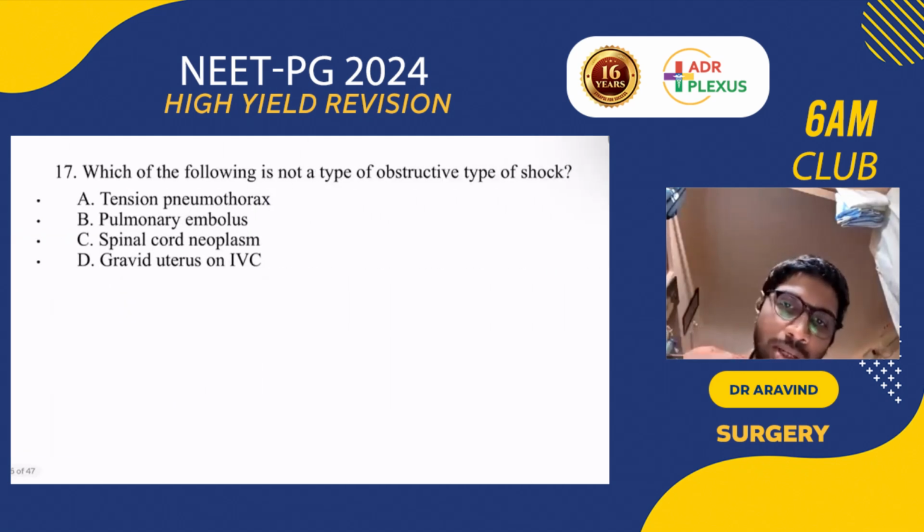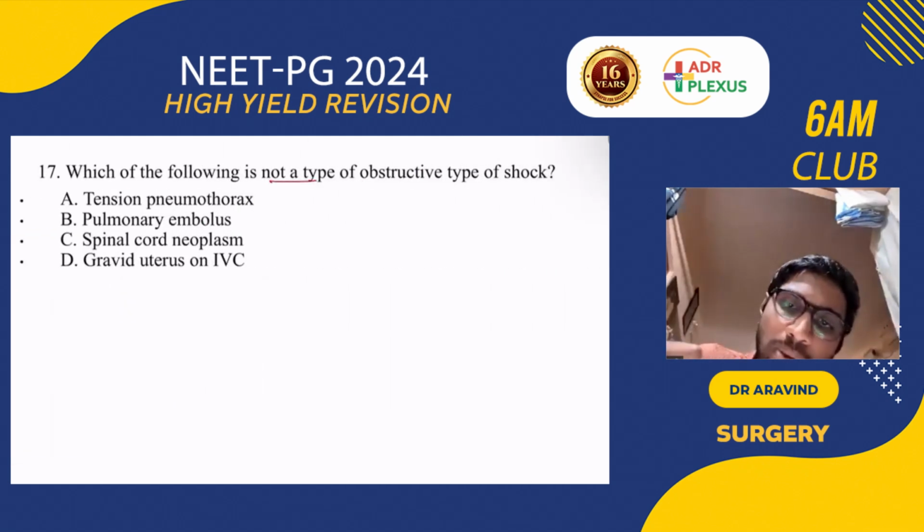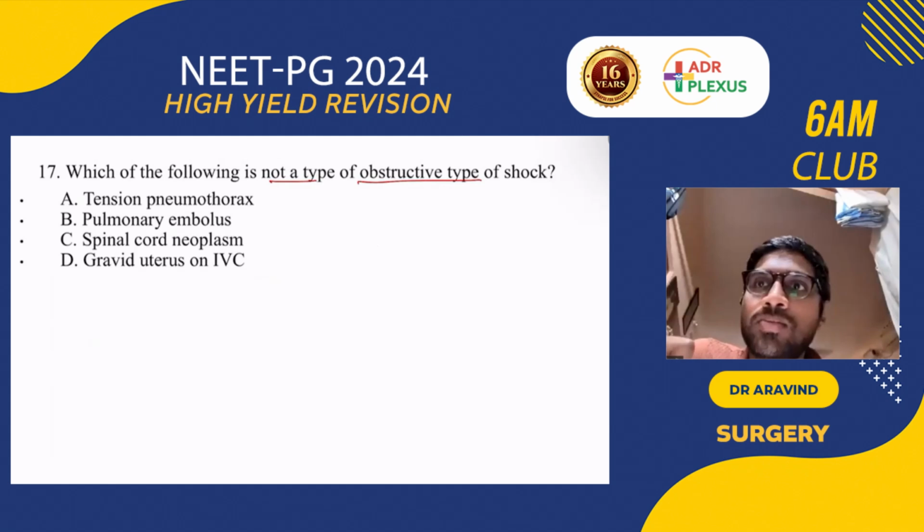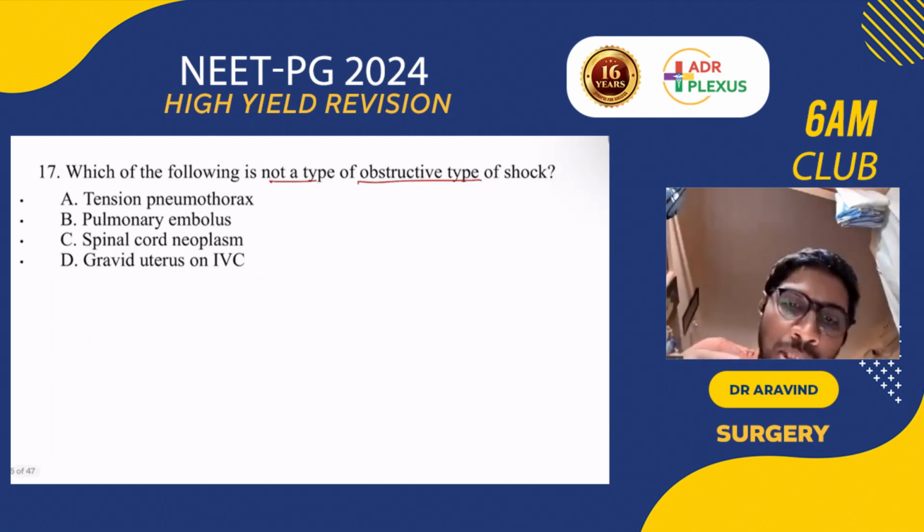Next, which of the following is not a type of obstructive shock? Tension pneumothorax is obstructive type. Pulmonary embolus is obstructive type. Gravid uterus also causes obstruction. But spinal cord neoplasm will go for neurogenic or spinal shock.